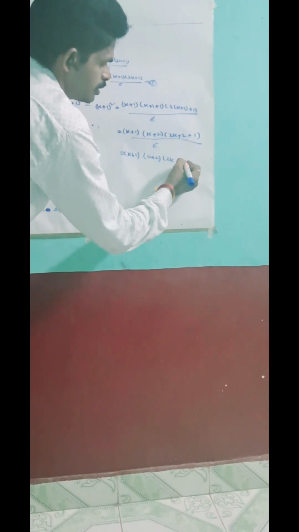So that is equal to k plus 1 into k plus 2 into 2k plus 3 by 6.